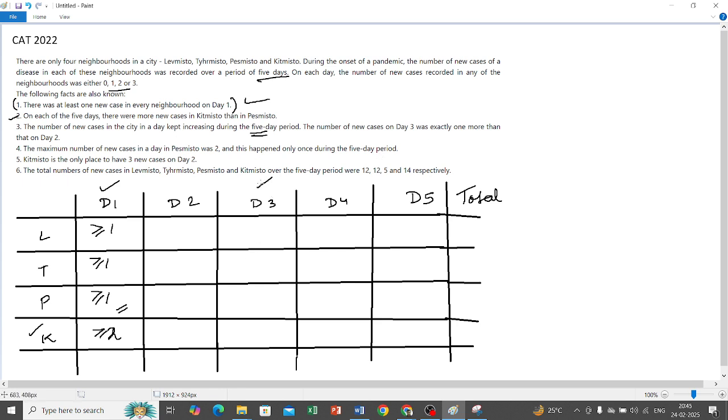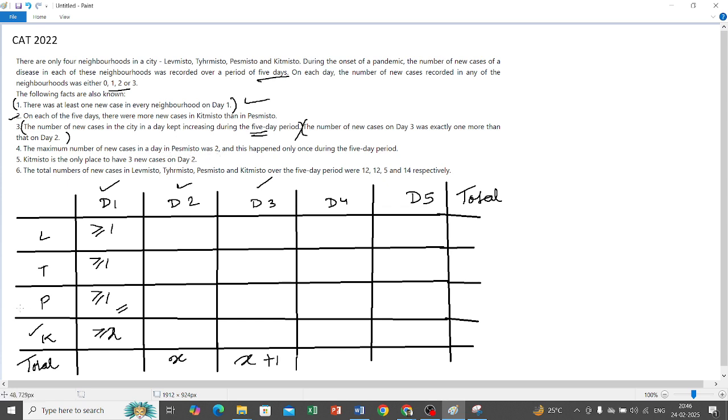In this instruction, we first have a very specific instruction that the number of new cases on day 3 was exactly one more than that on day 2. So suppose on day 2 the total number of cases is x total, okay? Then how many will day 3 have? x+1. Right. Day 3 will have x+1, fine.